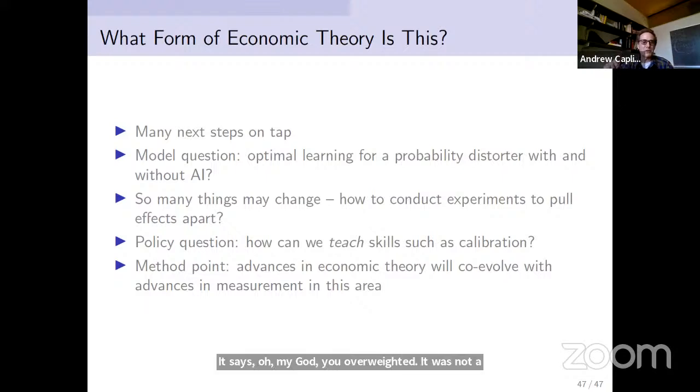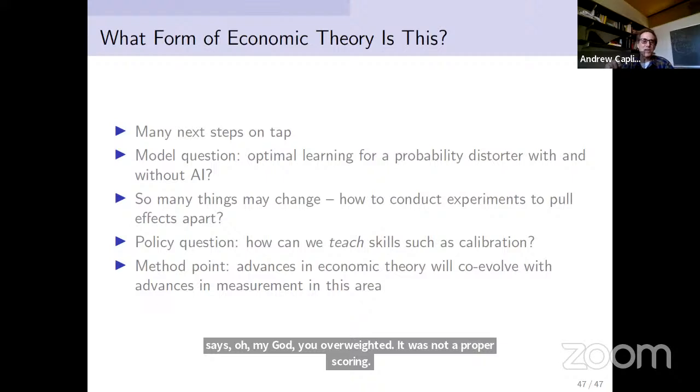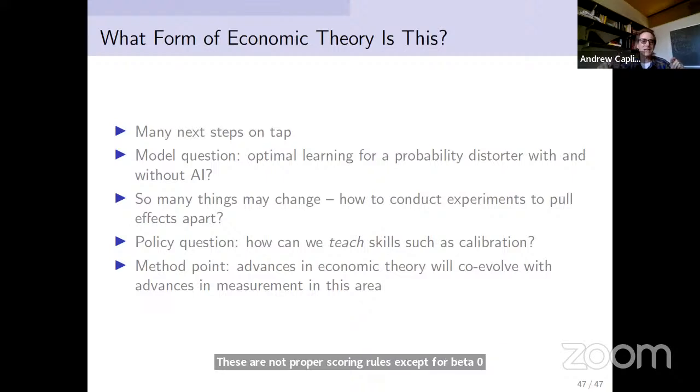These are not proper scoring rules except for beta 0.5. You told the algorithm to say 99% to almost everything. And it doesn't differentiate between 0.993 and 0.994. It's not really working very hard on anything there. So what happens is it actually does bad learning, kind of because you told it to. And we only realized that at the end. Like, oh, wow, why is it learning so badly? And that's what's going on.